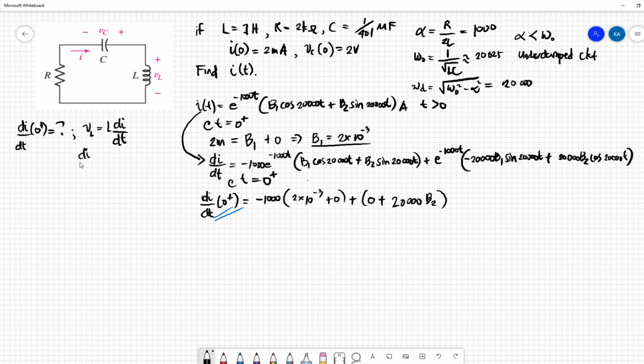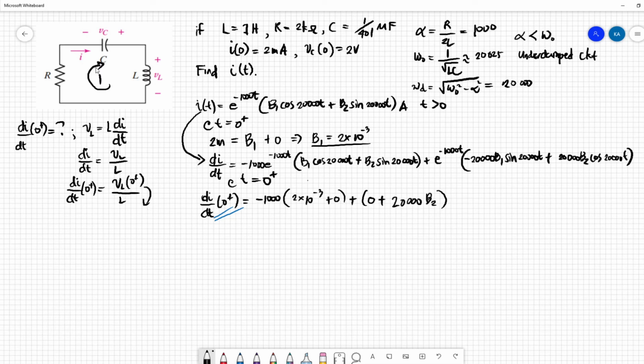So our di/dt is equivalent to VL over L. So at time 0 plus, di/dt at 0 plus is equivalent to VL of 0 plus over L. What is our VL of 0 plus?